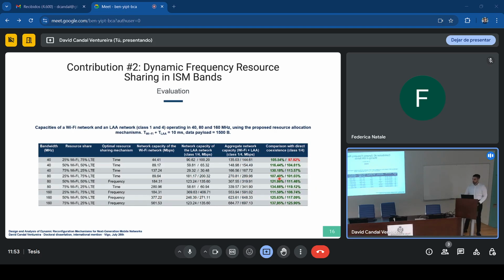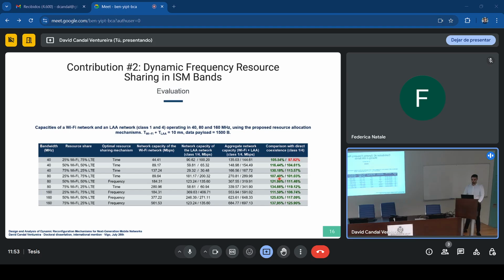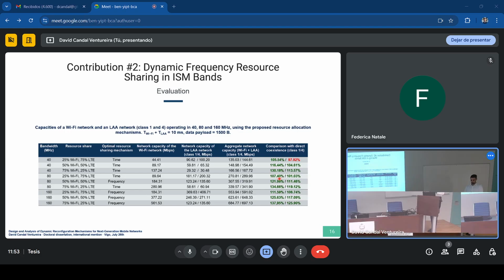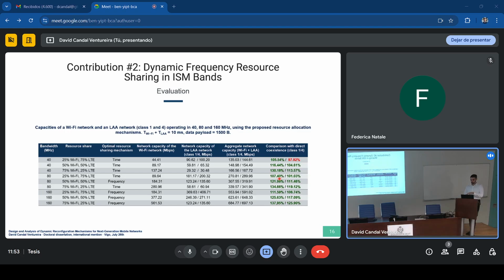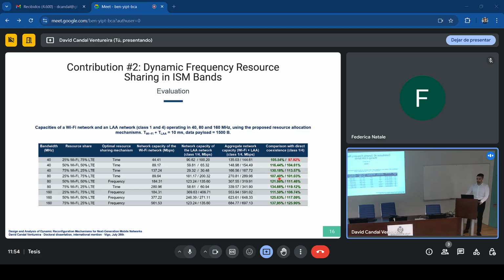To analyze these proposals, we developed an analytical model to estimate the network capacity of Wi-Fi 5 and LTE-LAA when the technologies coexist in unlicensed bands directly, that is, using their own MAC protocols in the same space and time. We also extended this model to estimate the network capacity when using the solutions we proposed.